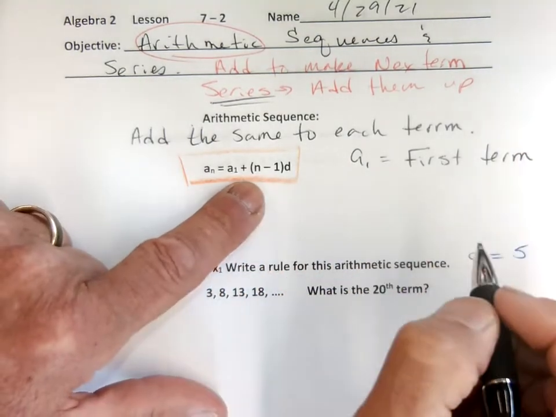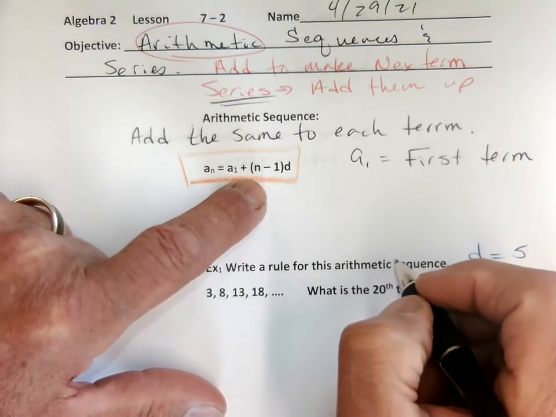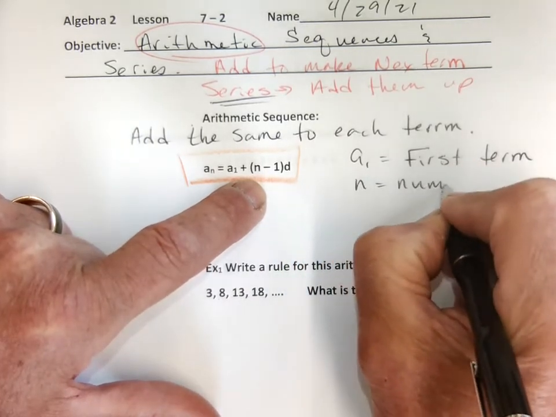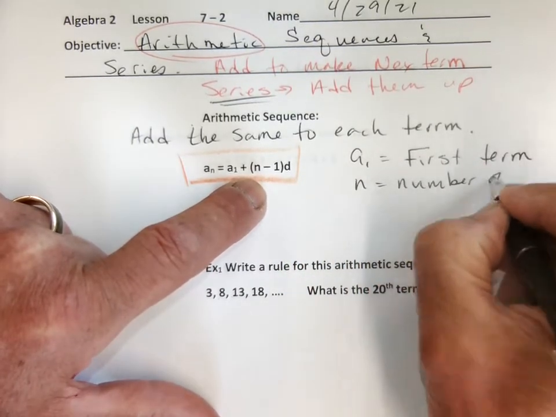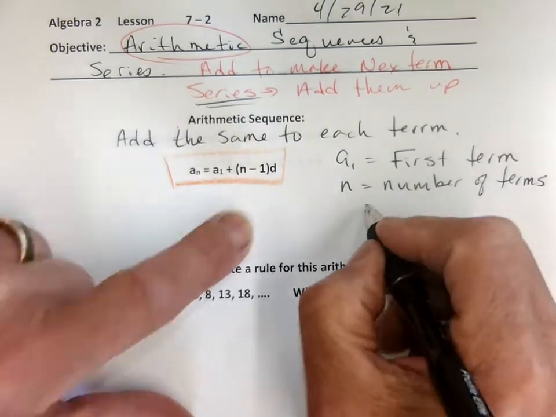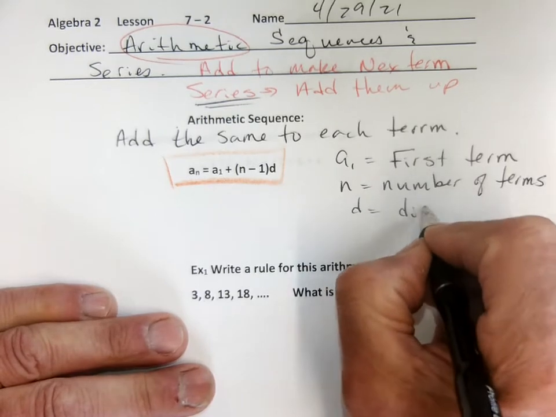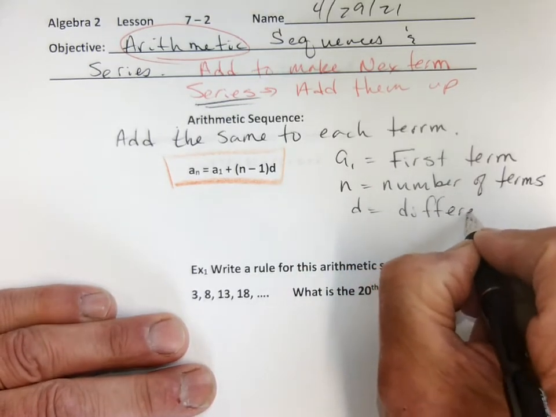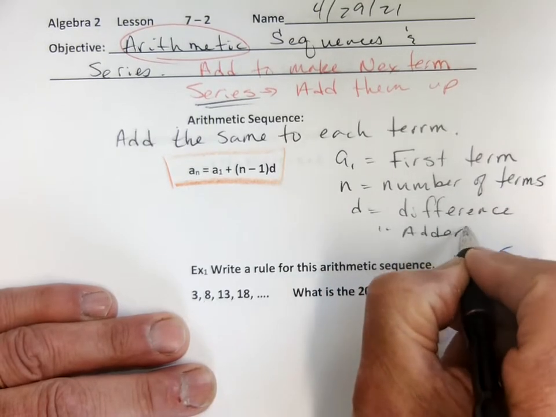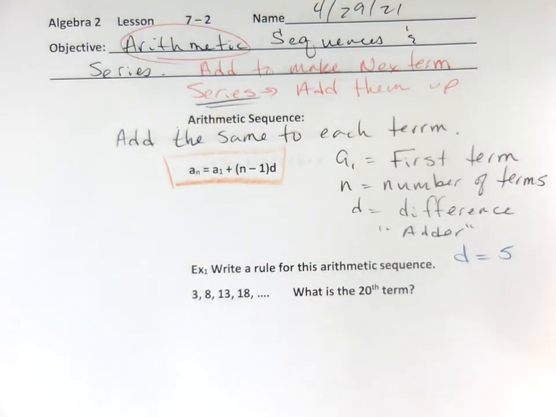N is the number of terms. And D is the difference, or our adder.